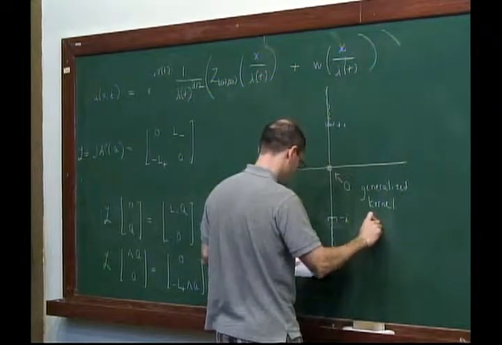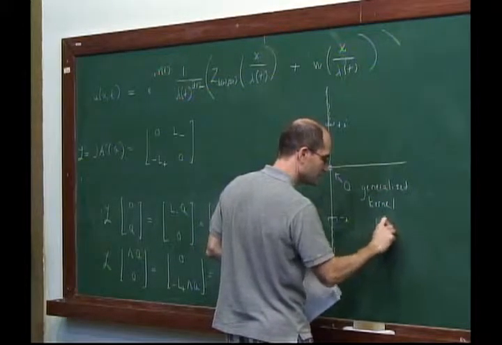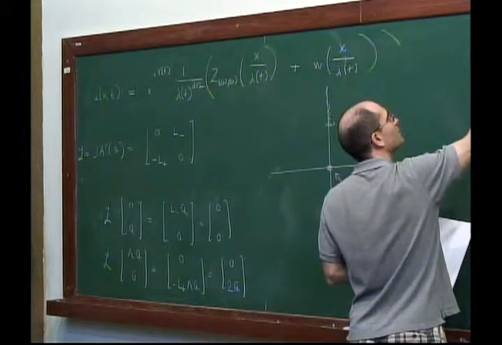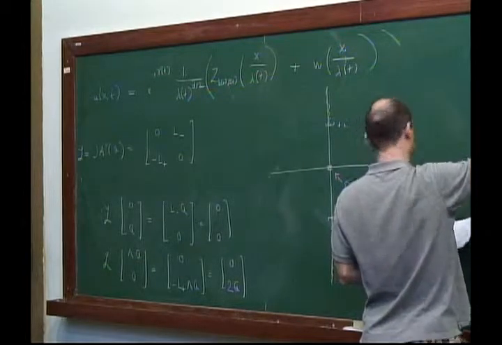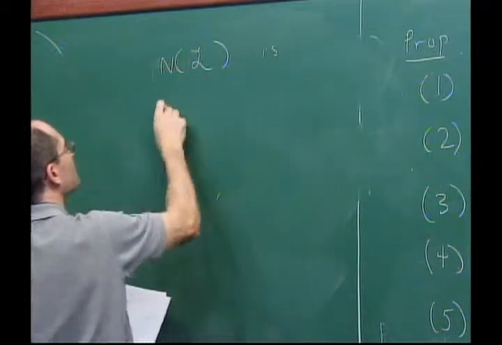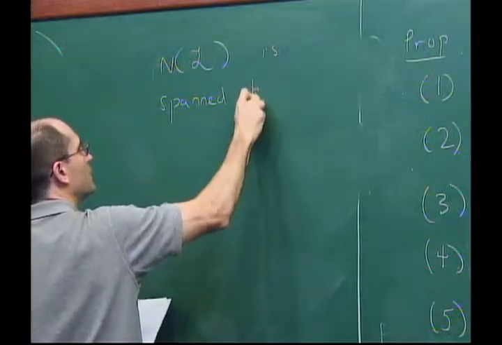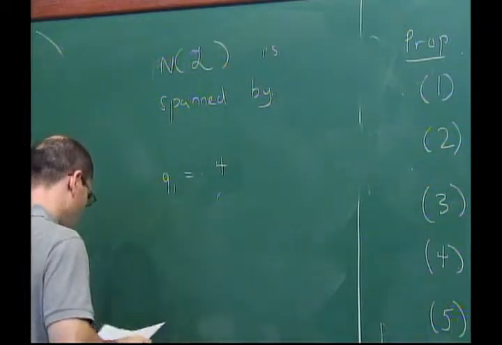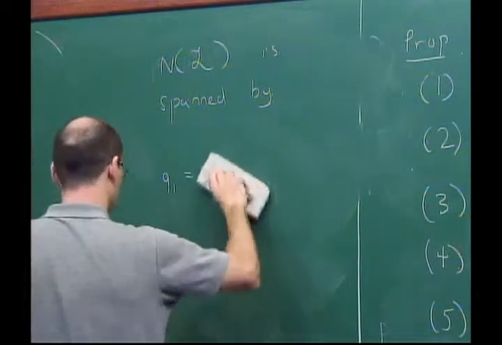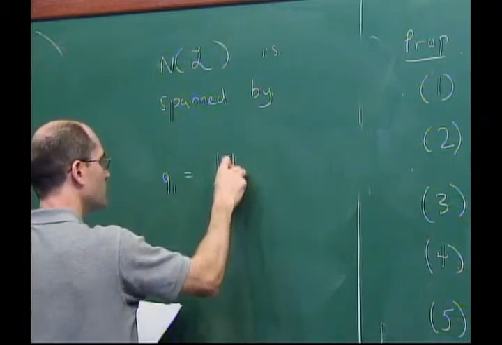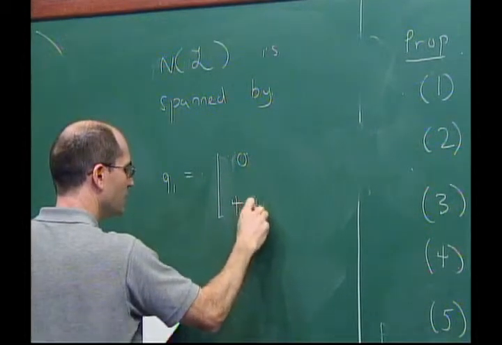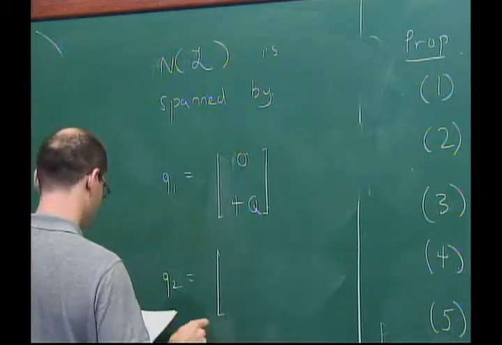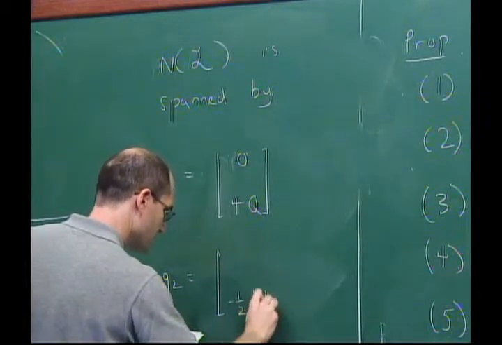So the generalized kernel, N of L, is spanned by, if you set it up with proper normalization, some funny fractions showing up.